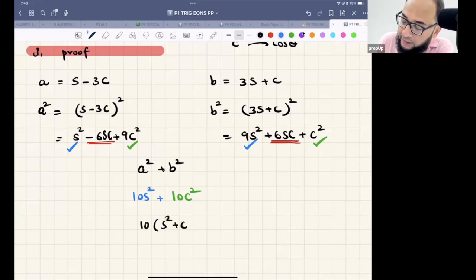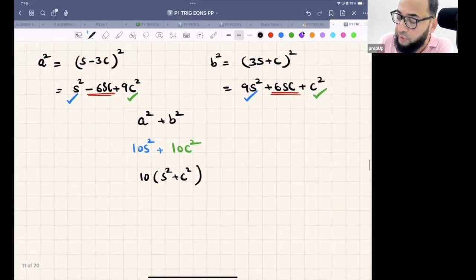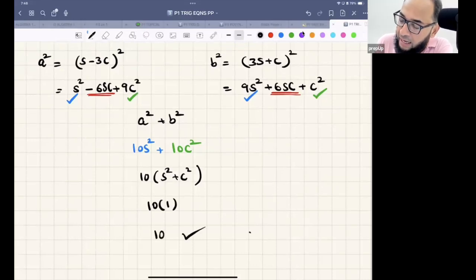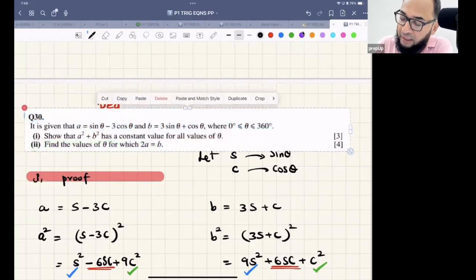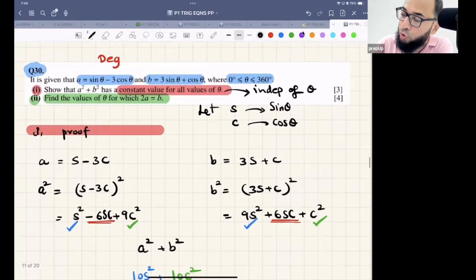This is s square plus c square. Remember the identity: sine square plus cos square equals 1. That is 10 into 1, which comes out to be 10. I have proven the point that it's constant for all values of theta. I can even say it's independent of theta. So I think this is all good, all clear.